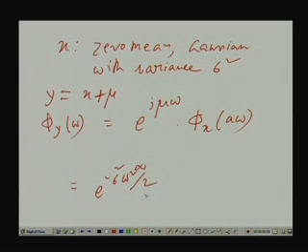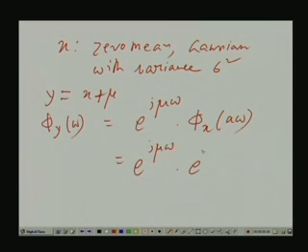So, you will get this quantity only. Okay, which means phi_y(omega) equals e to the power j mu omega minus sigma square omega square by 2. Okay.